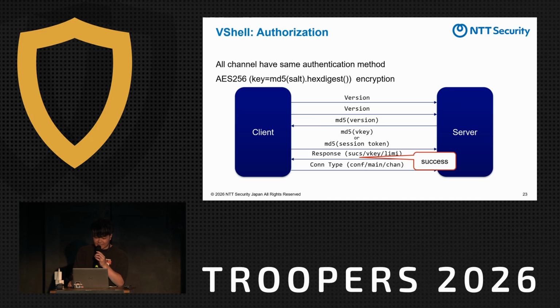The server then responds with the MD5 hash of the received version value. Next, the client sends either the MD5 hash of the vkey or the MD5 hash of the session token. Finally, the server returns a response indicating the authentication result. If successful, the server establishes a connection type, which can be conf, main, or chan. Overall, the communication is controlled through a hash-based authentication flow like this.